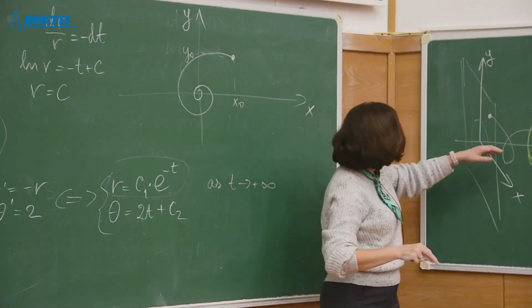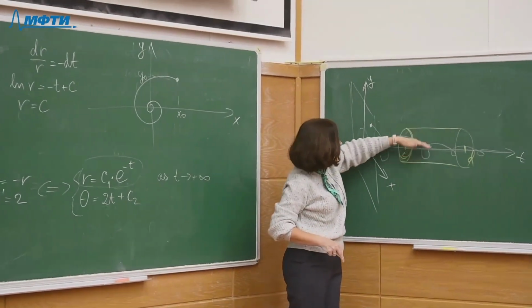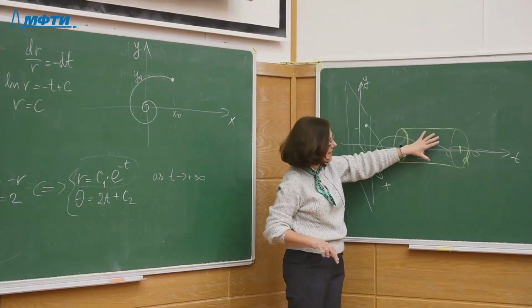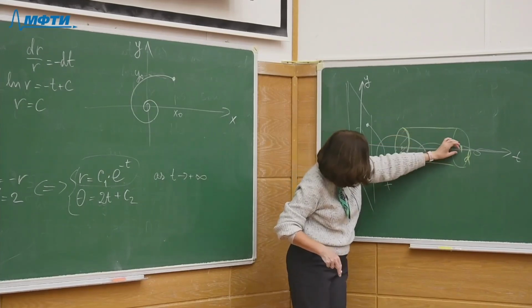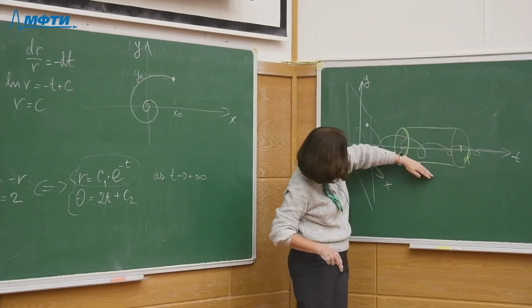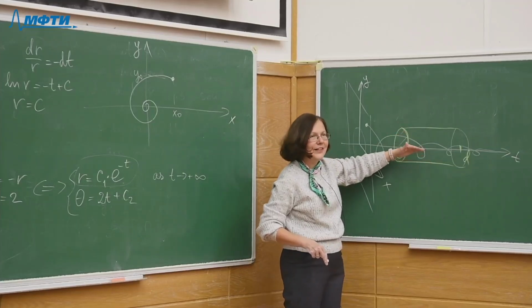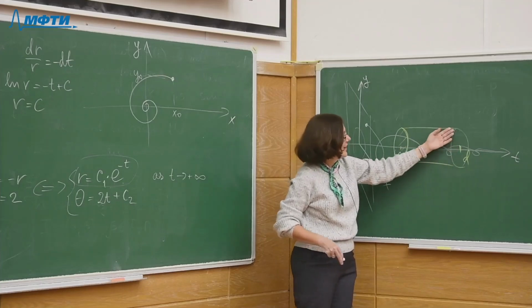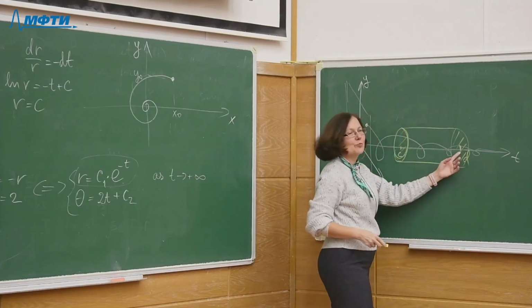So we can't intersect the lateral surface of this cylinder. So this is a compact set, but since the radius is decreasing, we can't intersect this lateral surface, and therefore we must intersect this wall.